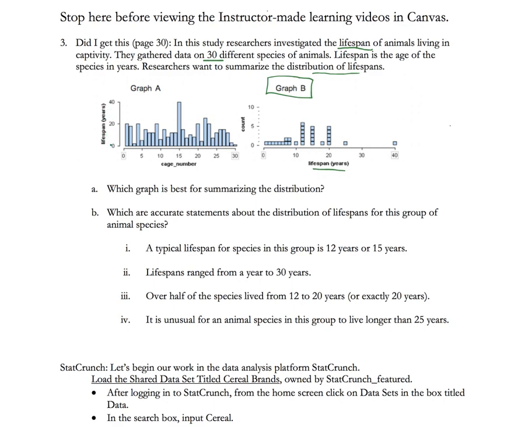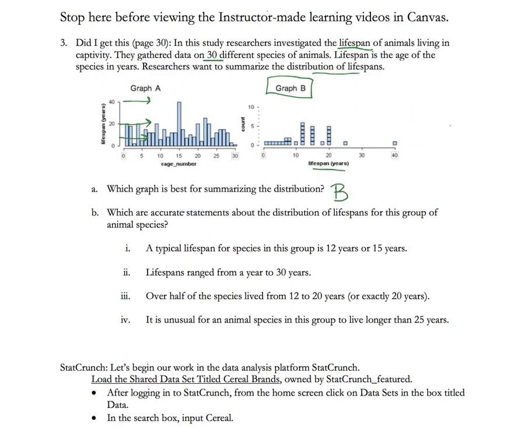So if I'm trying to get some sense of how lifespan is laid out, I'm trying to look across to see how many individuals have a bar this high, how many individuals have a bar this high, and so on and so forth. So it's just a little more difficult to get from that left-hand picture. So for summarizing the distribution of lifespan, graph B does a much better job.